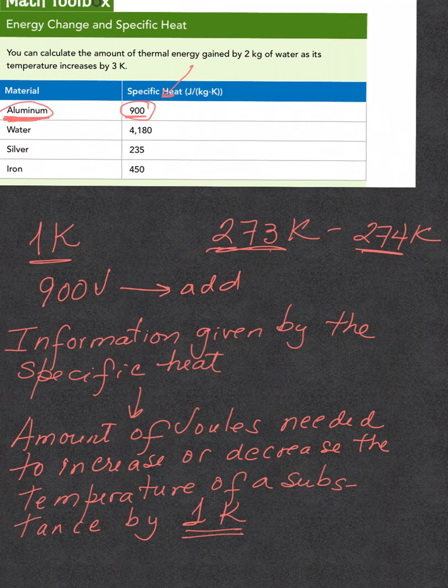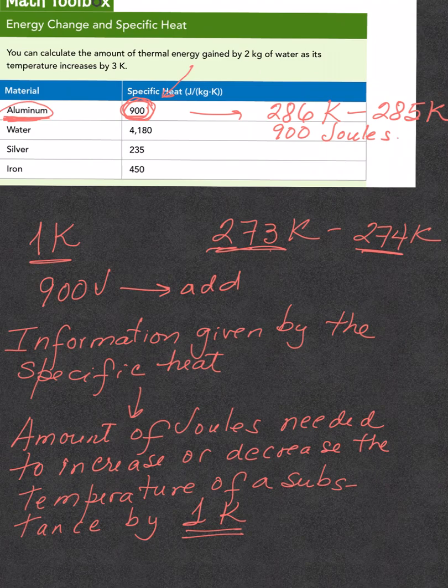But let's say that I want to decrease. Let's say that I want to do the same, but instead of increasing the temperature of aluminum, I want to decrease the temperature from 286 Kelvin to 285 Kelvin. I need to remove 900 joules from the aluminum.